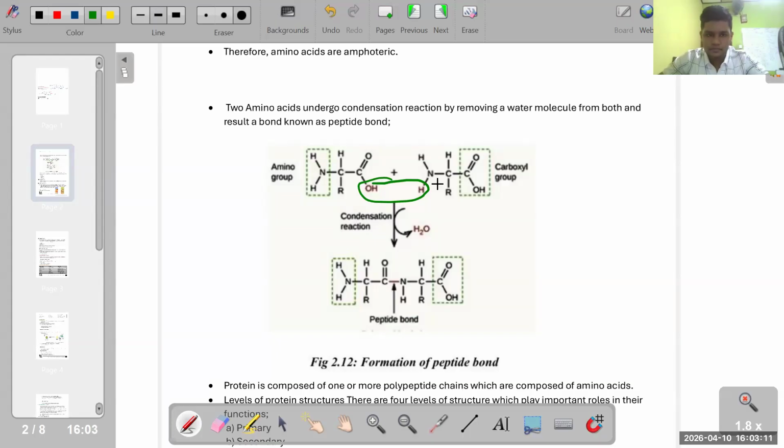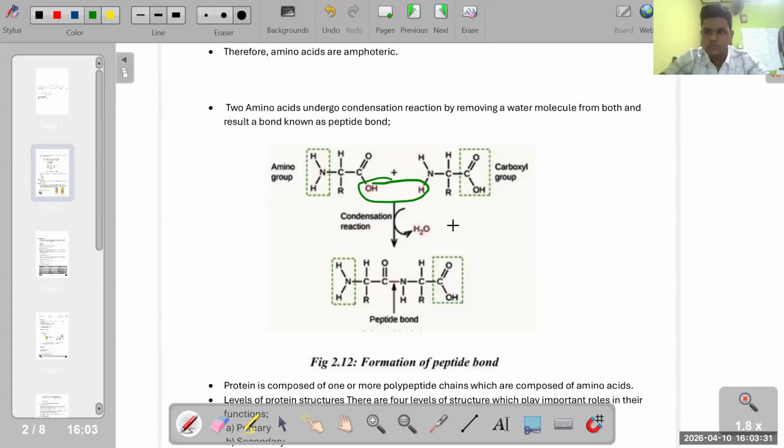Neutralization reaction. Is that clear? You have studied that in your O levels. You're familiar with that reaction, right? HCl reacting with sodium hydroxide, at the end water is removed. Here also, at the end, water is removed.